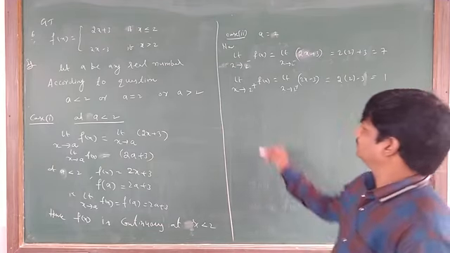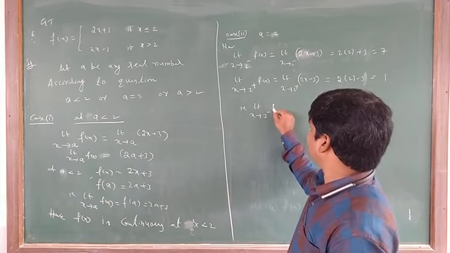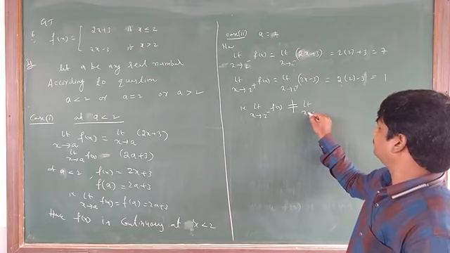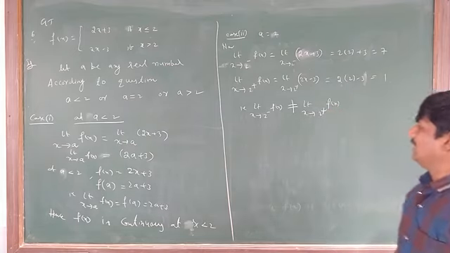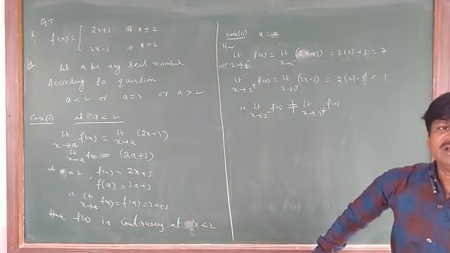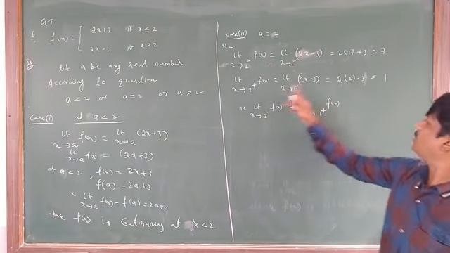So limit x tends to 2 minus f of x is not equal to limit x tends to 2 plus f of x. What is the left limit you got? 7. What is the right limit you got? 1.